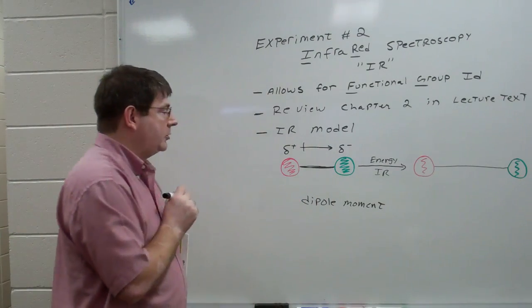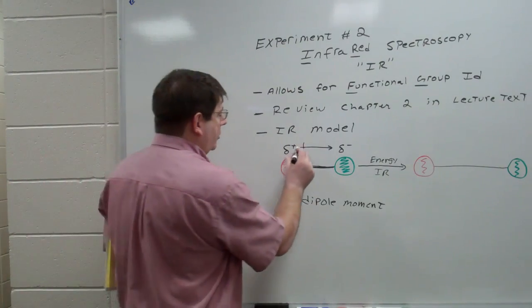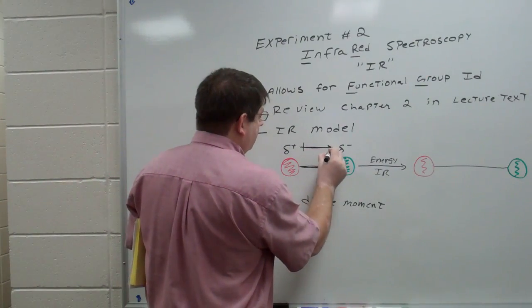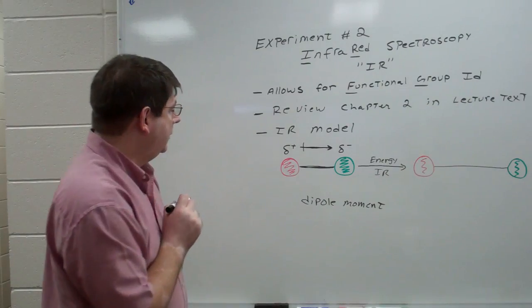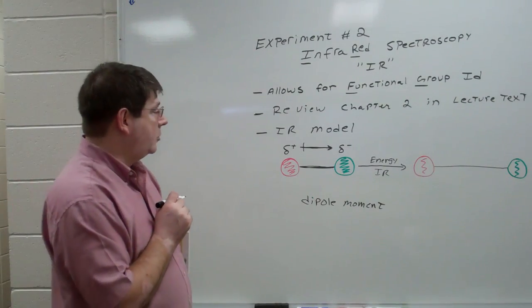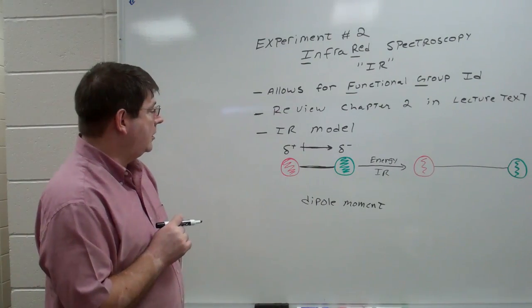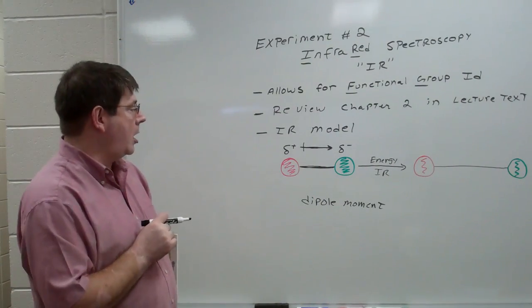And dipoles are vectors. They have magnitude and they have direction. And so we draw the vector like this, going towards the negative part. You're going to learn more about vectors and vector math when you get into physical chemistry and take your physics, but for right now, you just need to know that the dipole is going in the direction as drawn.